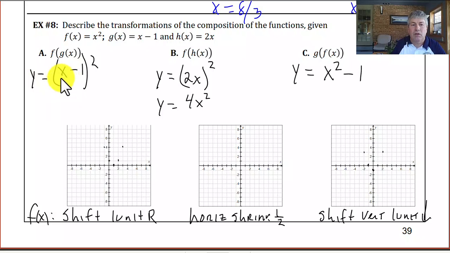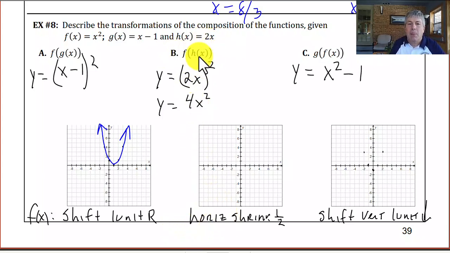So that yields y equals x minus 1 squared, which is a shift of f of x just 1 unit to the right. So we take that, we move our vertex over 1 right, and plot our points, 1 to the right, 1 up, 2 to the right, 4 up, and they're symmetrical points, and we can go ahead and graph that. That's just one Joe parabola shifted 1 unit to the right.